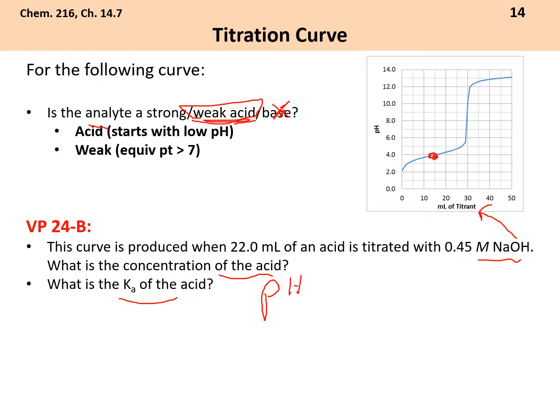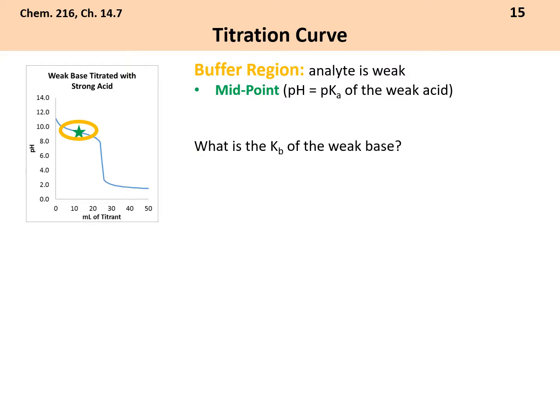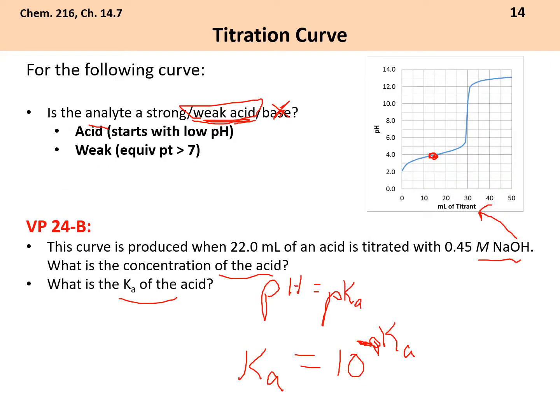Remember, at the midpoint, pH equals pKa. But I'm asking for Ka. So to figure out Ka, I need to do 10 to the negative pKa. That's the same way that when we went from pH to H+, H+ equals 10 to the minus pH. So we can do that. That's video problem 24B.